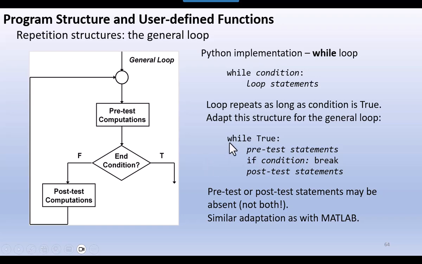And what we do is we put in while true. Now, true is a Boolean constant, which says that true will always be true. And according to the while statement, we will never get out of this loop. But what we have is our pretest statements here, and then we test a condition, and if that condition is true, we execute the break command, and that gets out of the while loop, and it goes according to our flowchart.